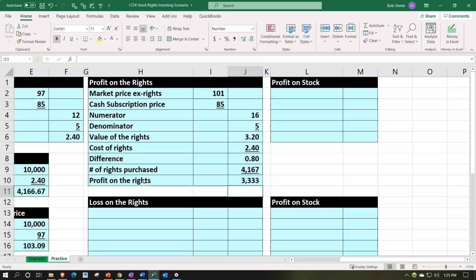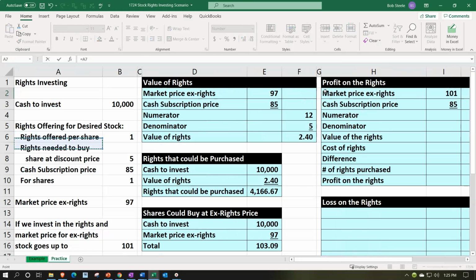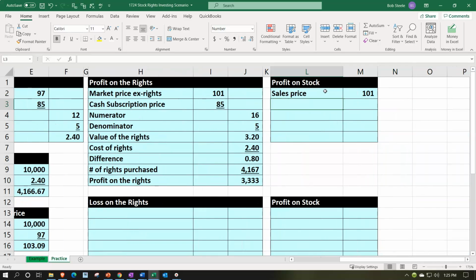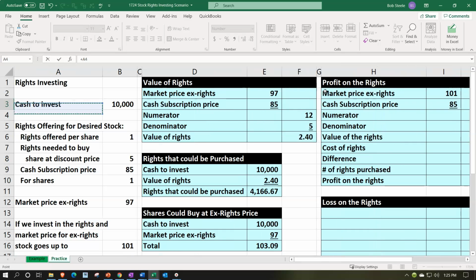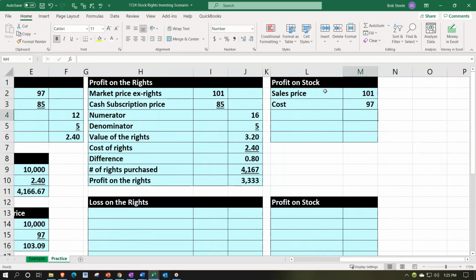Now let's compare that if we purchase the stocks. The sales price on the stock now, which we said was the 101, went up to 101 and we purchased it at the cost of the 97, comparing that to the 97, the ex-rights price. That's going to give us a difference.